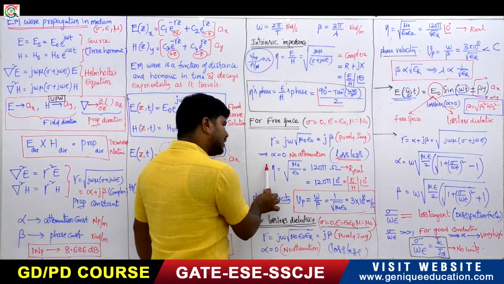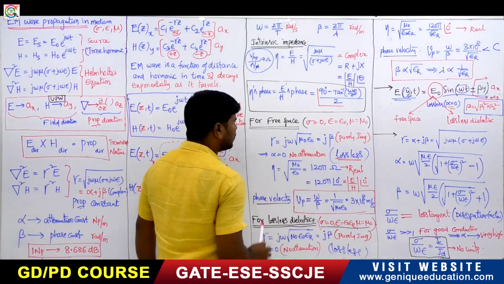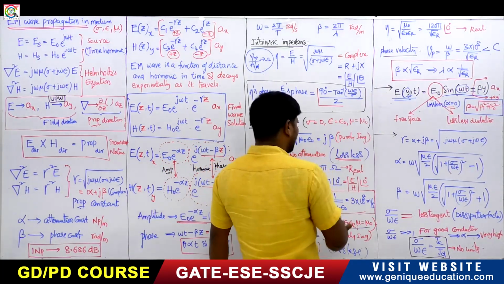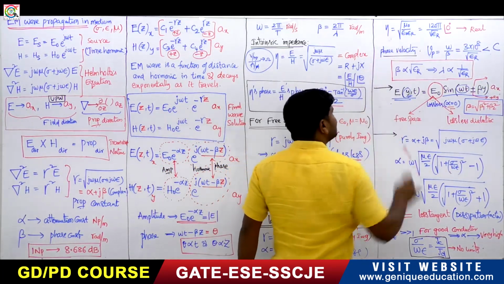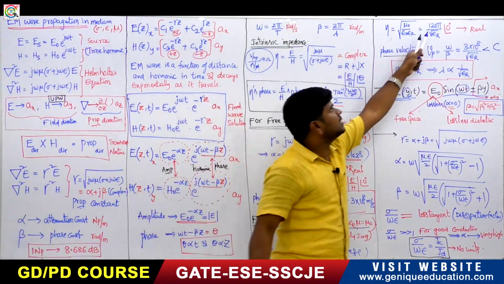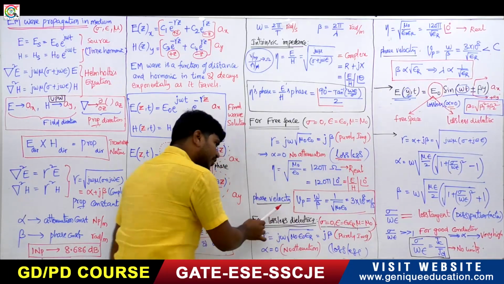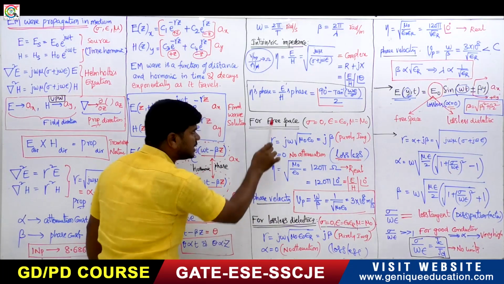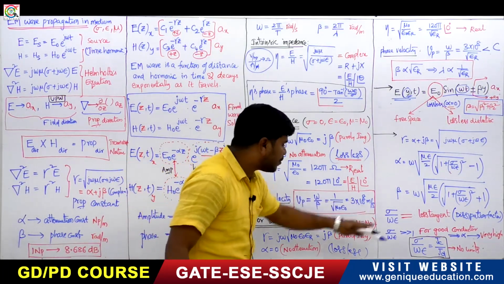The intrinsic impedance for free space is 120 pi. For a lossless dielectric, it is 120 pi divided by root epsilon r, which is less than 120 pi. The phase velocity in free space is 3 into 10 power 8.